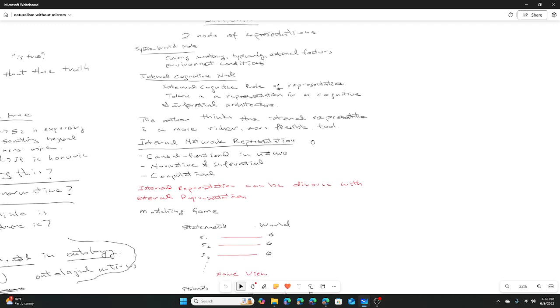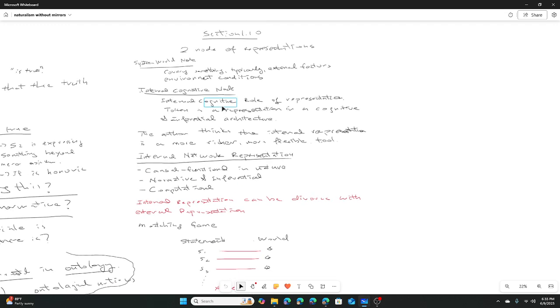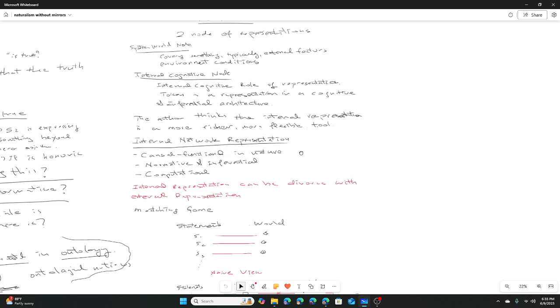After going over the difference between these two types of representations, the external system world representation and the internal cognitive node representation, the author goes more deeply into what this cognitive inferential architecture means. The author talks about three types of internal cognitive architecture.